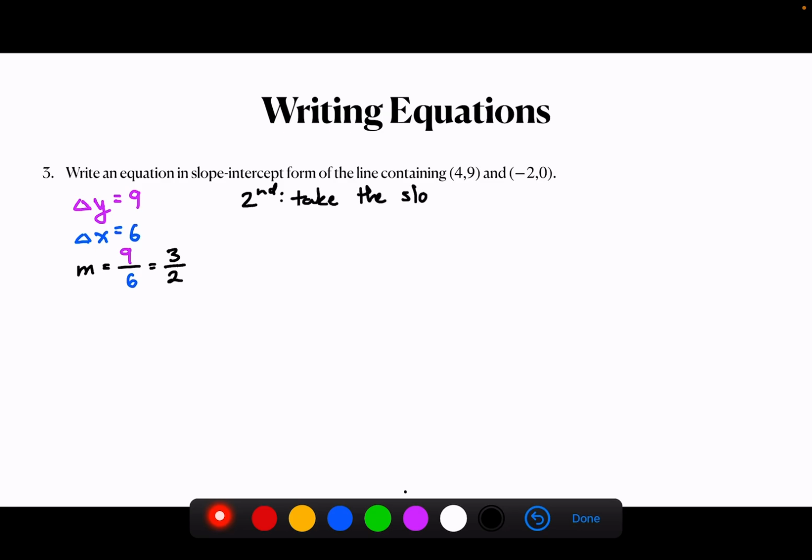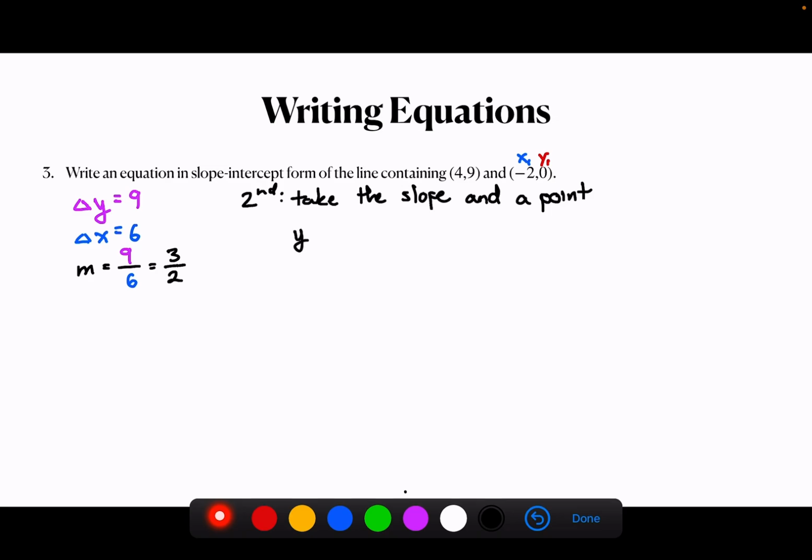we're going to take the slope and the point and use point slope form. And so we're going to say we have x1, y1. Let's just stick with that.